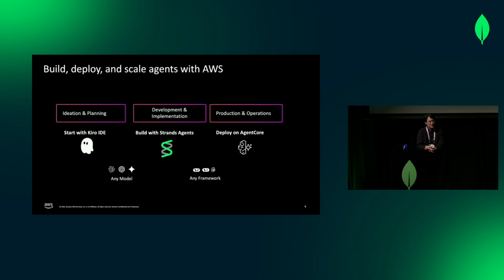That's where AgentCore comes in, where it really helps you build production-scale agents. And it comes with all the composable services for you to leverage as well. At the bottom, the AgentCore tagline is any model, any framework, because it's a serverless, fully managed service that allows you to take any model, any framework, and go to production with that.